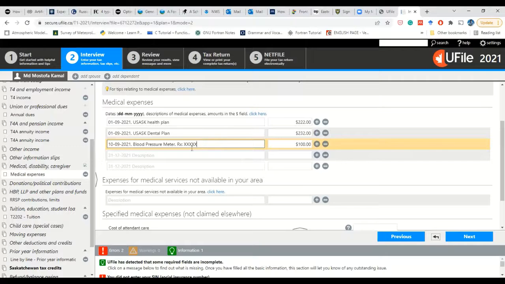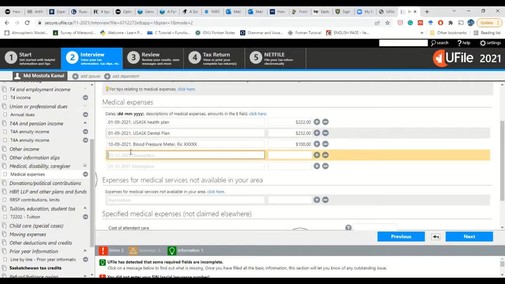This is the prescription number. The same thing is true if, on another day, you bought some medicine for your diabetes, or insulin. Please put the date when you bought it, and the name and the RX number.